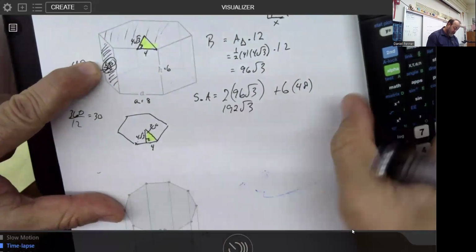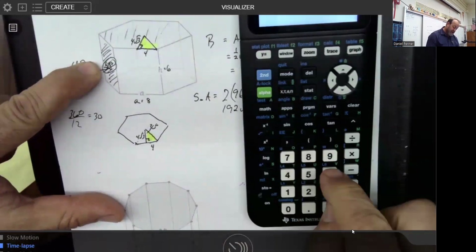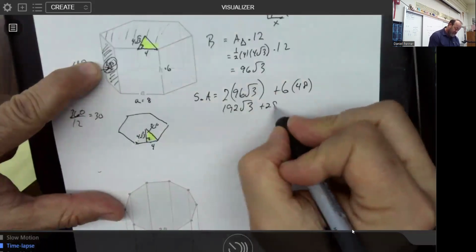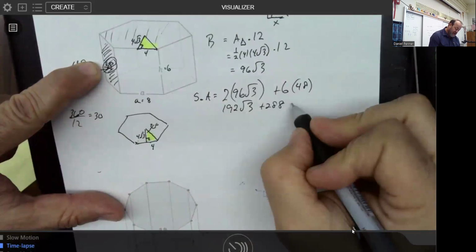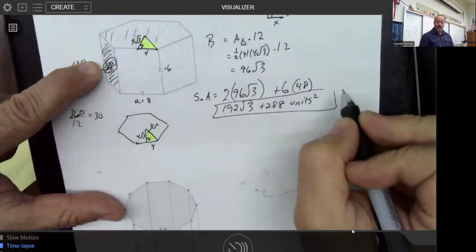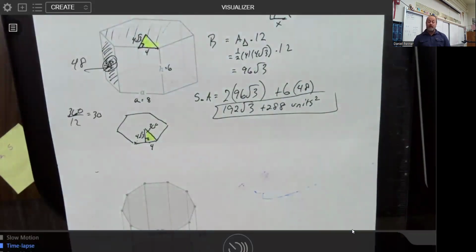And of course, 6 times 48 is 288. And again, that would be in units squared. So surface area is very simple because we literally just break it down into pieces and find the area of every single piece and just add them together one at a time.